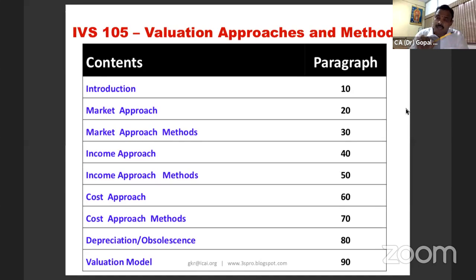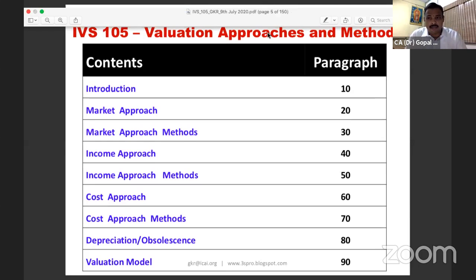And I will start with one point before I venture into the various approaches and methods. The hierarchy of the valuation approaches and methods. For example, there is an assignment to value a company. There is an engagement to do the valuation of a buyback of shares. There is an engagement to do the valuation of ESOP.